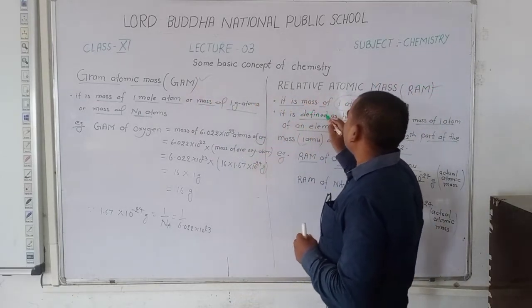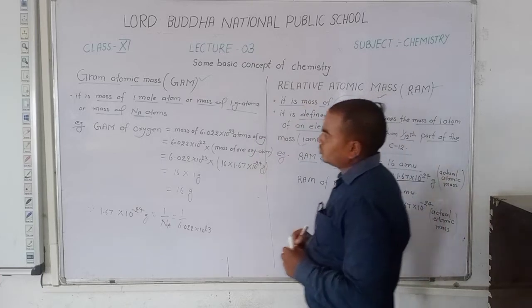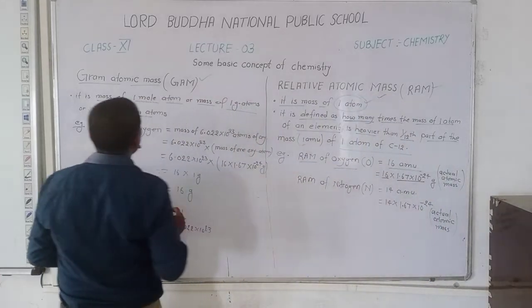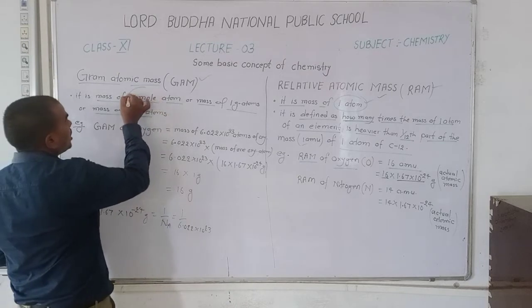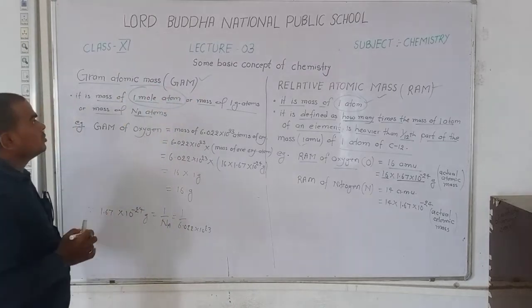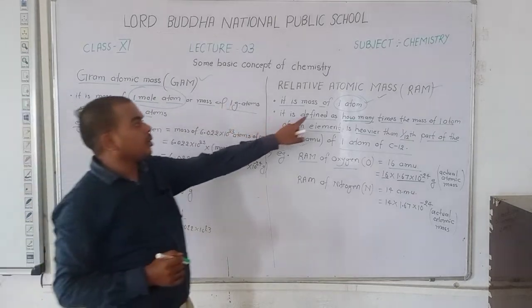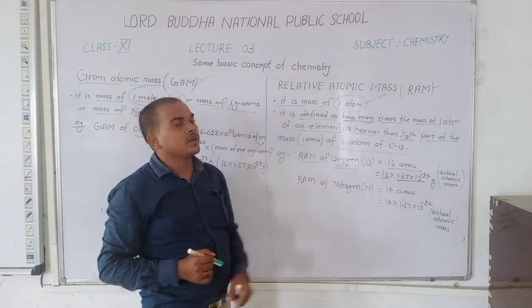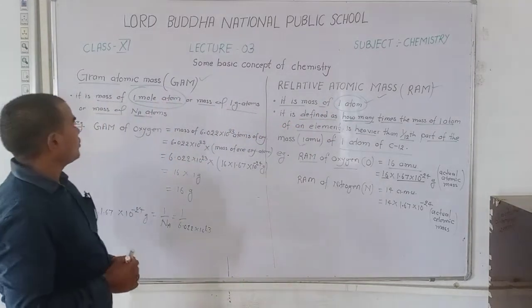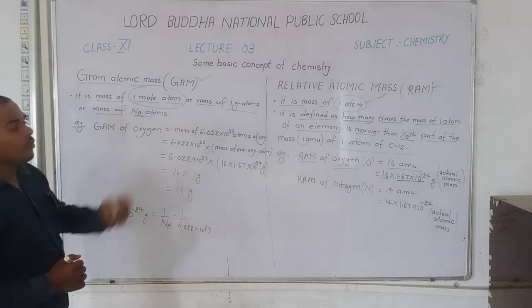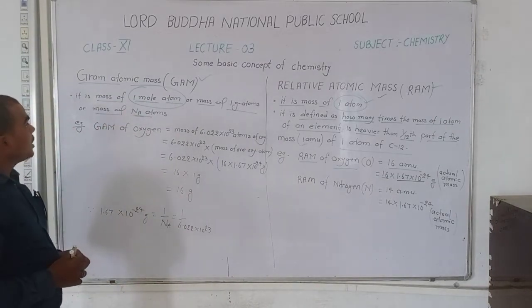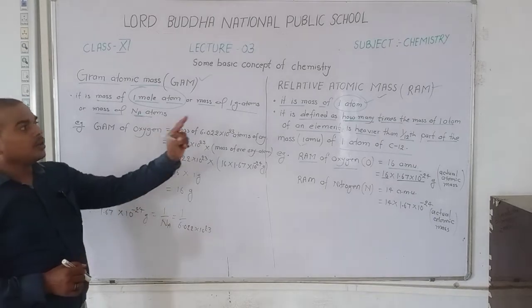Relative atomic mass is the mass of 1 atom, but gram atomic mass is the mass of 1 mole of atoms. This is the major difference between them.